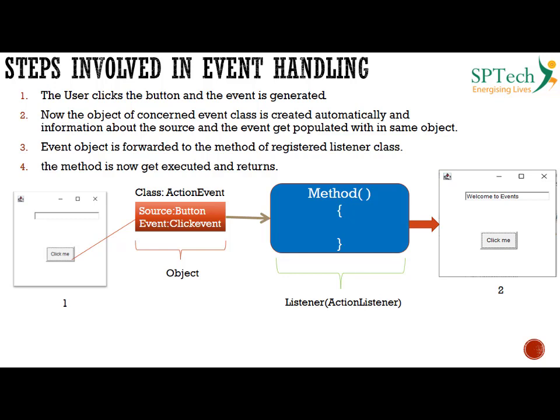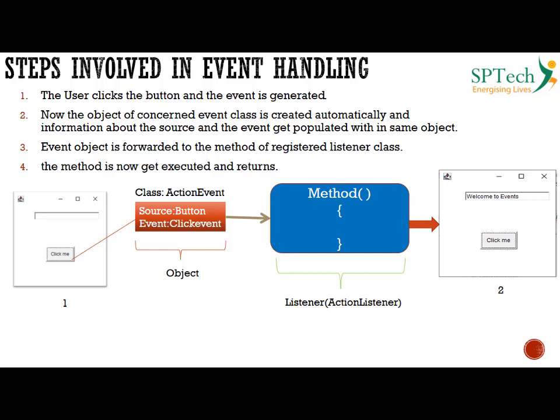We shall see how to do that in programming, but at this point, try to understand what happens when a component is clicked. An object is generated, and this object will have the details of what kind of event it is and which is the source of the event.